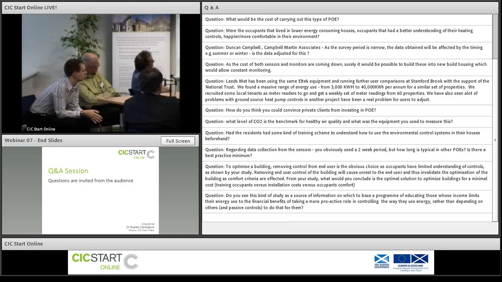I think there's an interesting thing: if you move from either a cold leaky tenement or a cold leaky 1960s flat or house into a nice warm new house with gas central heating and double glazing and so on, people will always feel that their house is performing really well, even if, as transpired in this study, they're using 3 times the amount of energy as their next door neighbour.